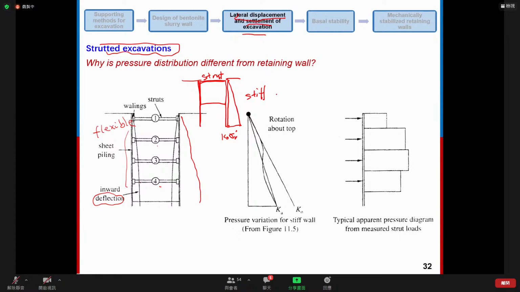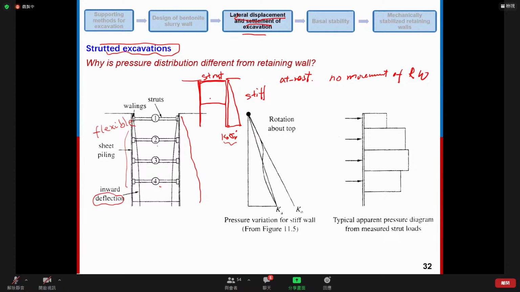The K0 is the earth pressure coefficient at rest, which is the coefficient corresponding to the case that there is no movement of the retaining wall. So the earth pressure distribution is like this.